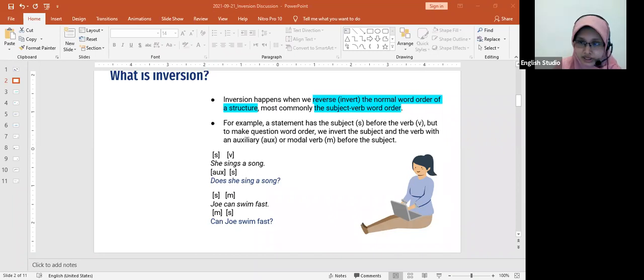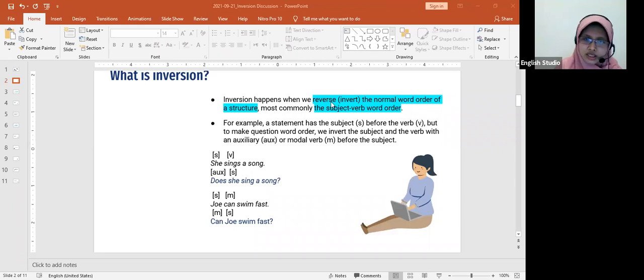So what is inversion? Inversion happens when we invert or reverse the order of subject and verb. This is the definition of inversion, which you will find in the Cambridge Dictionary.